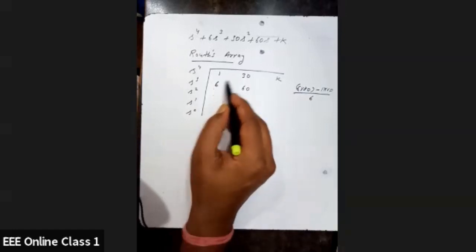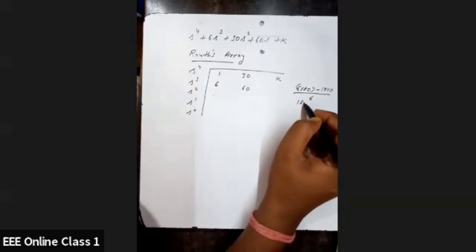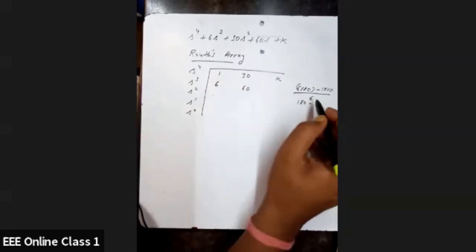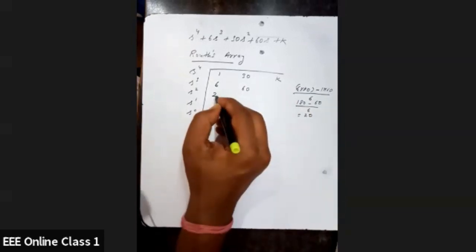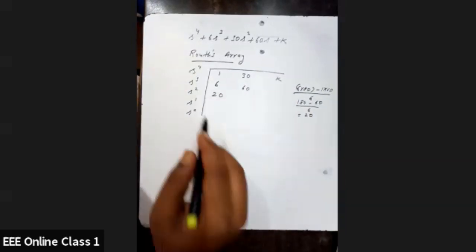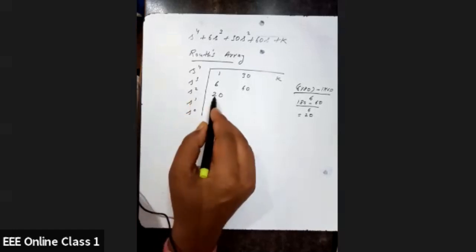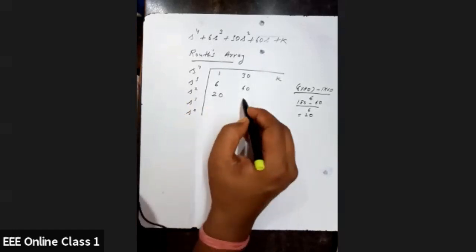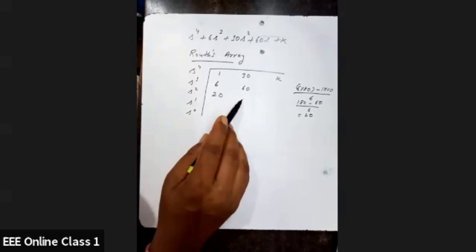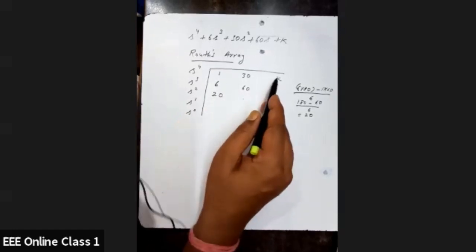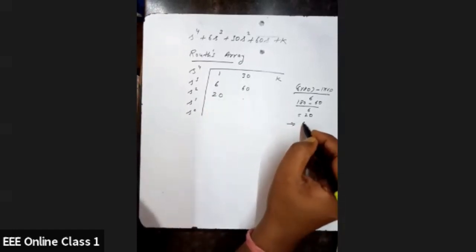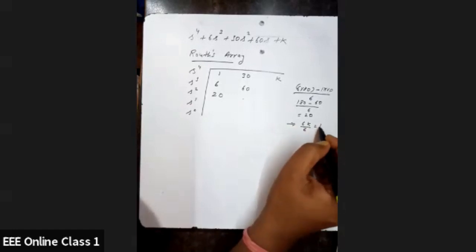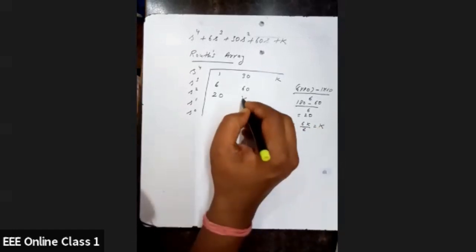We have to multiply 6 into 30 minus 1 into 60, by 6. So this comes to 20. So our first element of S square row is 20. Now to find the second element, we have to multiply 6 into K, and this is 0, divided by 6. So 6 into K divided by 6 becomes K. So this is K.